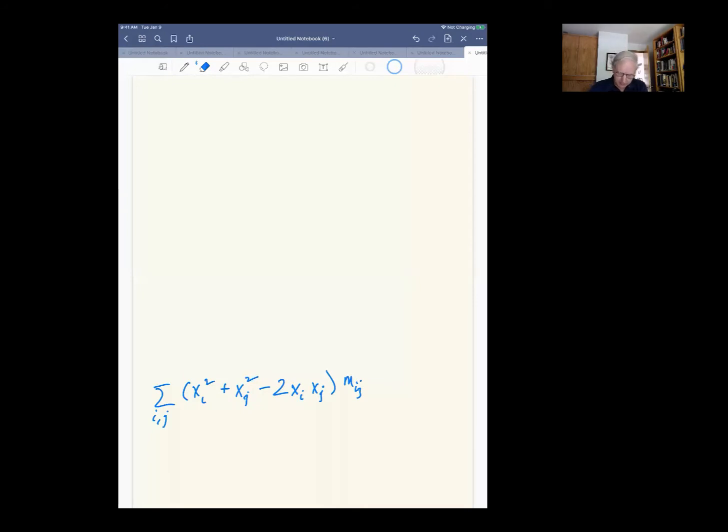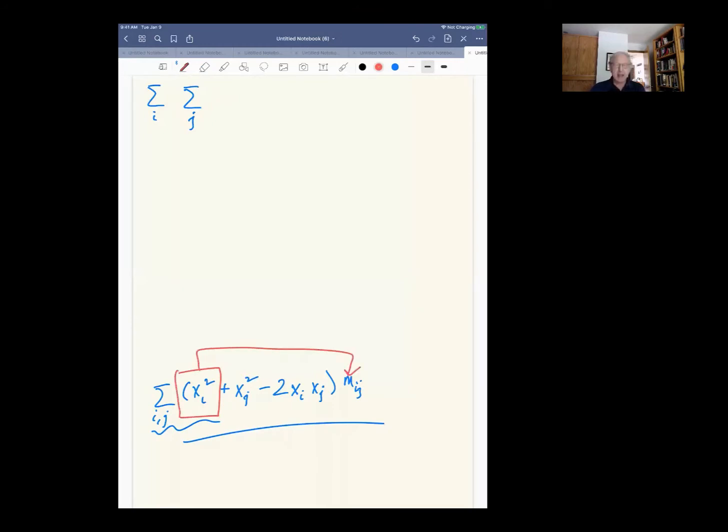All right, so we've got this expression down here. We want to look at it some more. So instead of writing it as a sum over i and j, let's actually split that up a bit and say we've got a double sum. So we've got our first term down here. Let's look at our first term, and it's our first term multiplied by the M_ij.